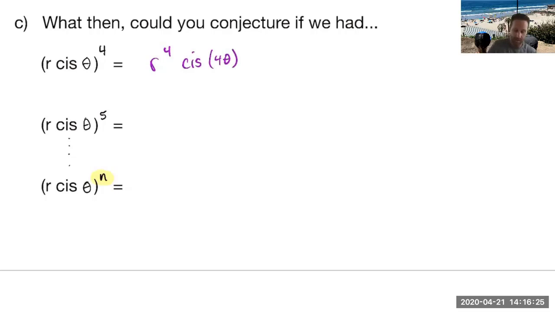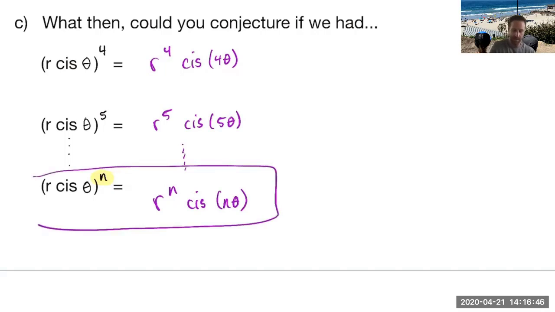Very good. And then r to the 5th, cis 5 theta. And so in general, we're going to say that this would be r to whatever the power is, any power, times cis, and we would have that theta added together n times. And that, my friends, is what is called de Moivre's theorem.